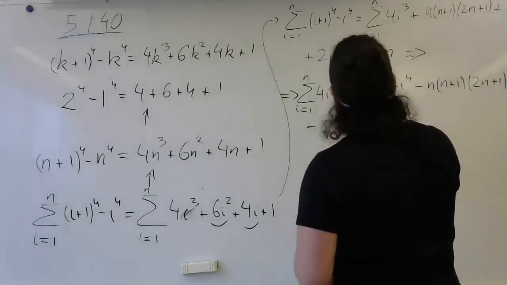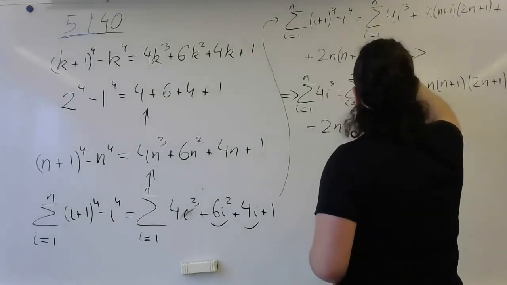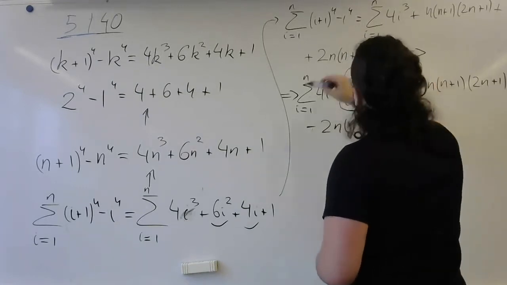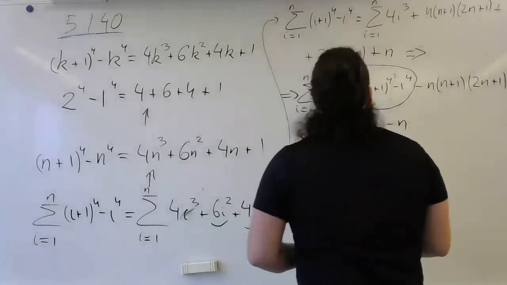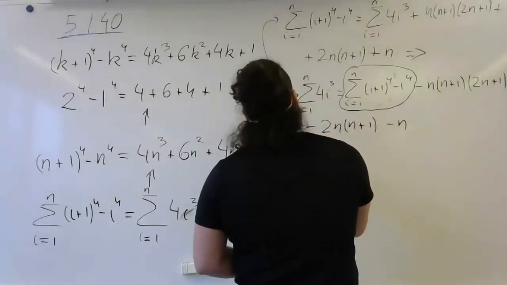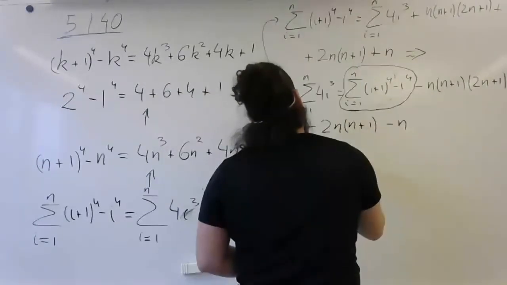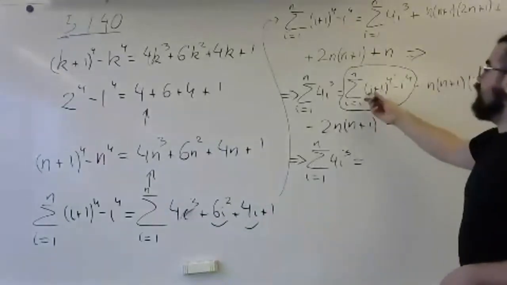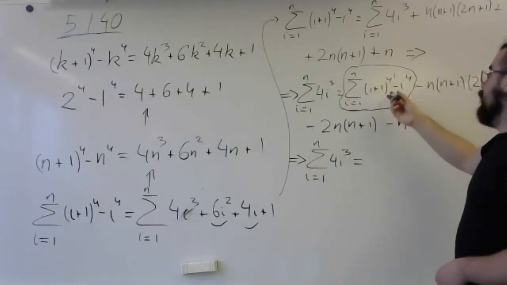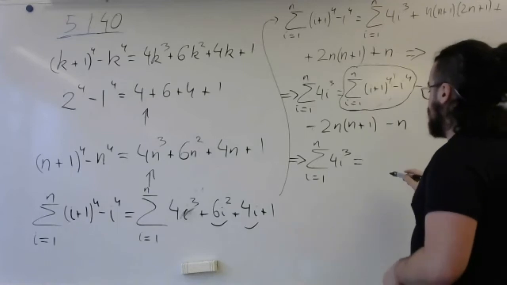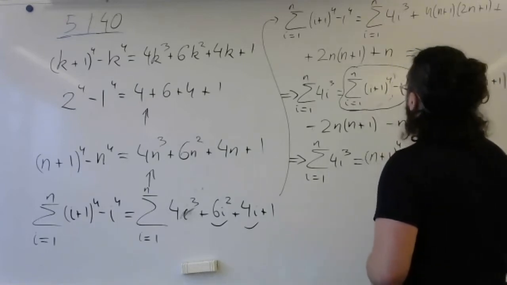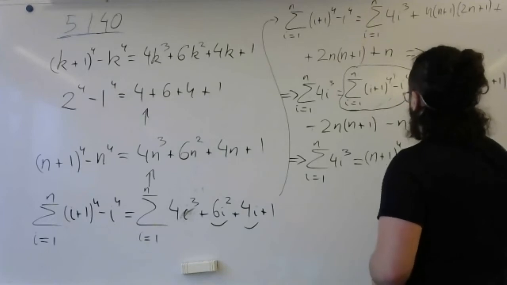So let's see what we have here. This is the first part of the first term minus the last part of the last. So this is (n+1) to the power four minus 1.